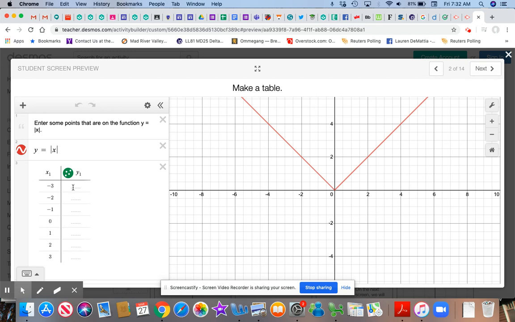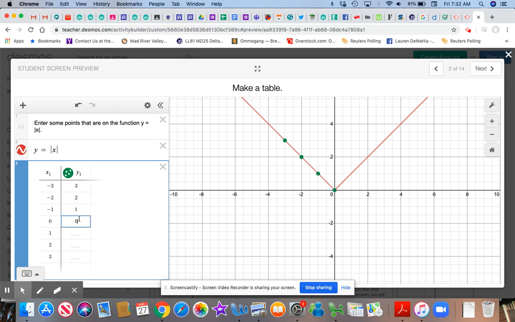So when it says here the absolute value of -3 is 3, right? The absolute value of -3, what distance is -3 away from 0? It's 3. So we put 3 in. And then the absolute value of -2 is 2, the absolute value of -1 is 1, and the absolute value of 0 is 0.